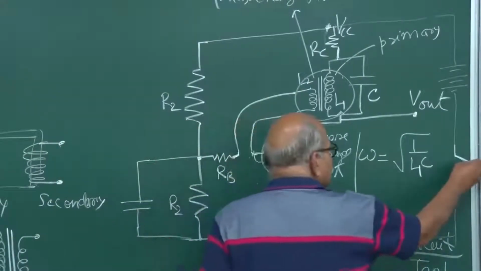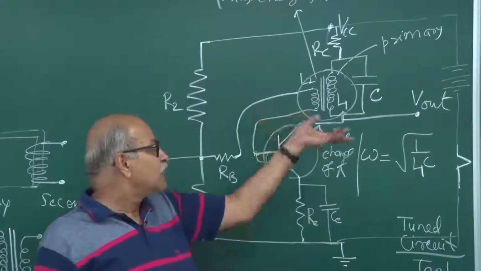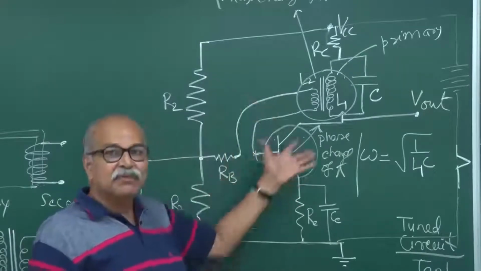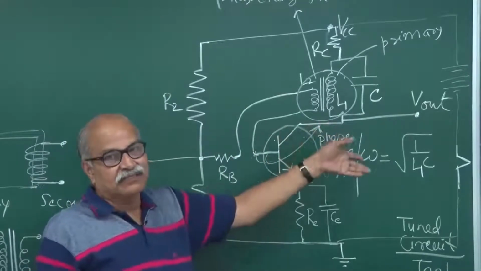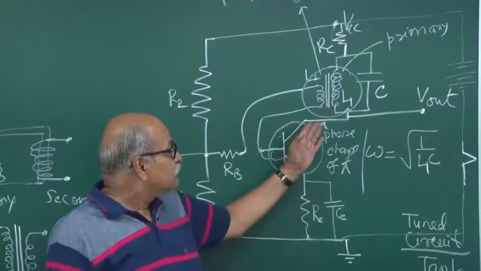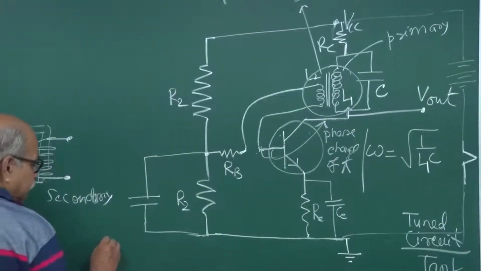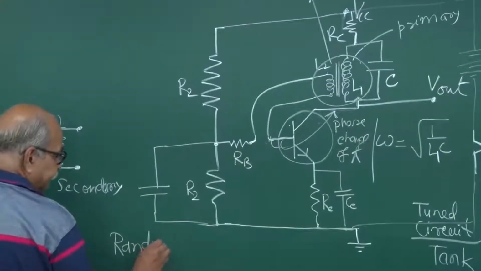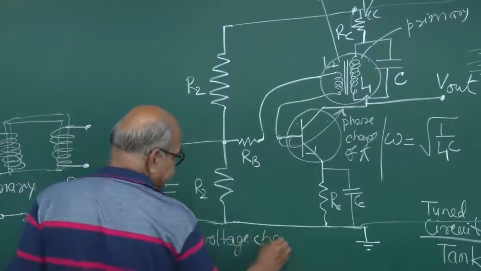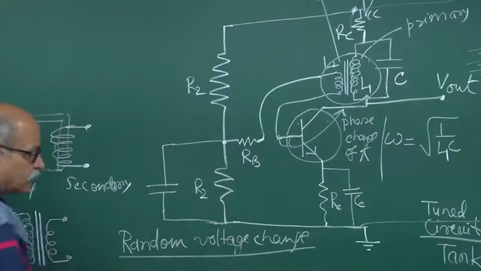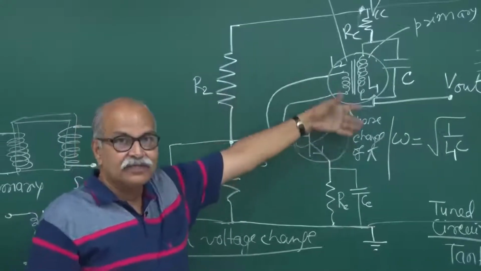So when you switch on the circuit for the first time, what will happen? Some current will flow. And if some current flows, then transistor will go into its active mode, and something will be amplified, whatever, so noise or that. But then when that reaches here, that noise or that random voltage change, when you switch on, the current starts, and something is amplified, some voltage goes there.